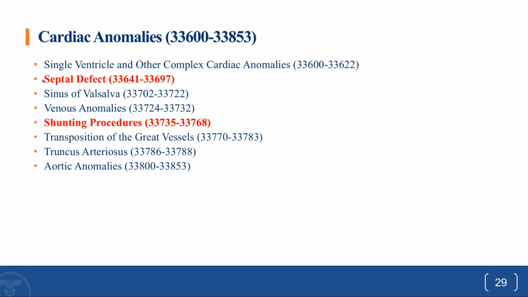And then on page 210, highlight CPT code 33647, where it has repair of an atrial septal defect and ventricular septal defect. I want you to make sure you highlight where it says atrial and where it says ventricular.